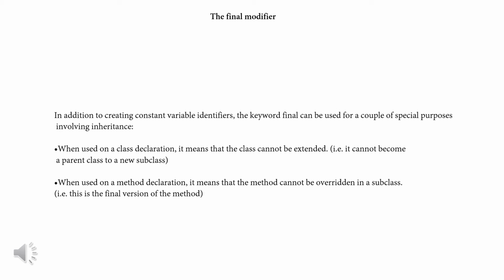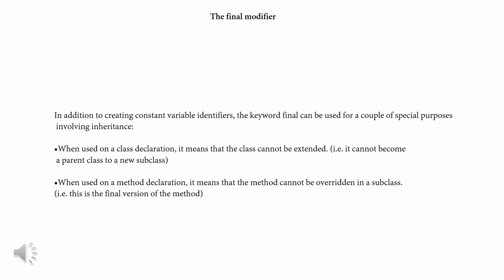So when you use this keyword in a declaration of a variable and then assign the value to that variable, that value was completely fixed during the program. We could not change that value. What I want to say here is that we can use this modifier in the declaration of a class or in the declaration of a method as well.